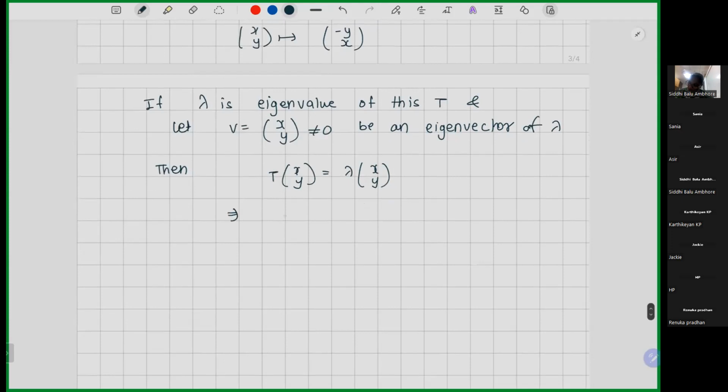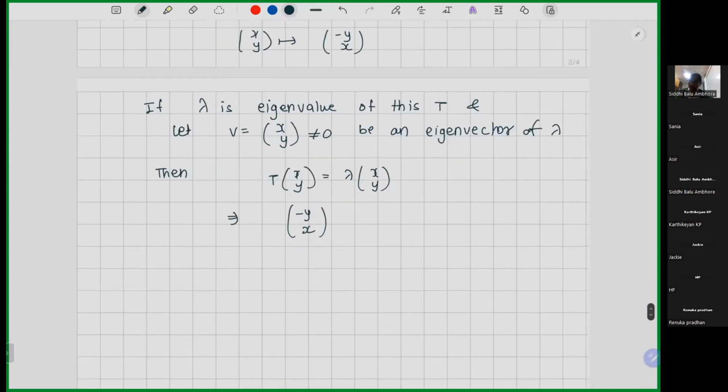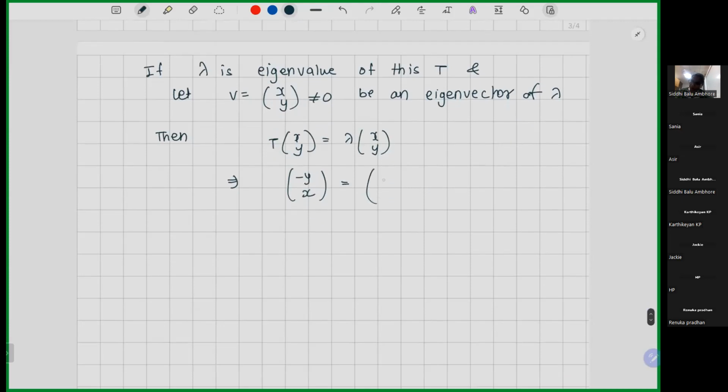T of (x, y) means (-y, x) as per the definition. This is equal to (lambda x, lambda y).